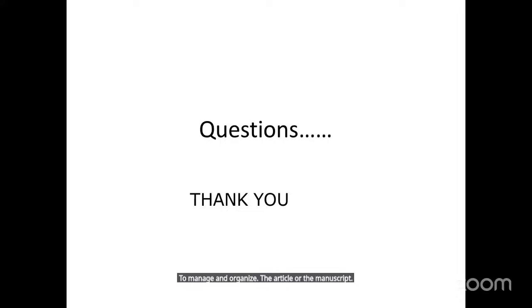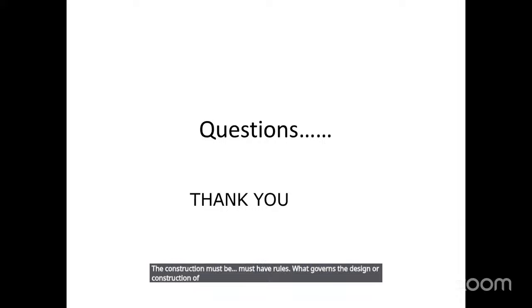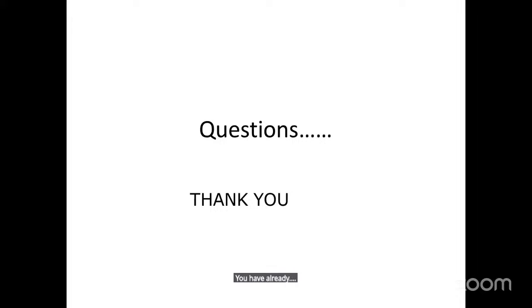Now, when we say study objective, to be able to guide the process, the construction must have rules. What governs the design or construction of an objective? You have already met some scenarios indicating that the specific objective should be SMART.